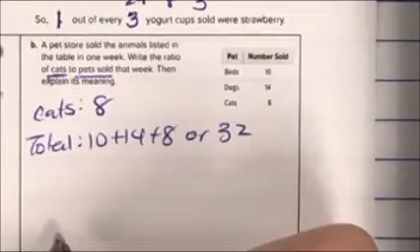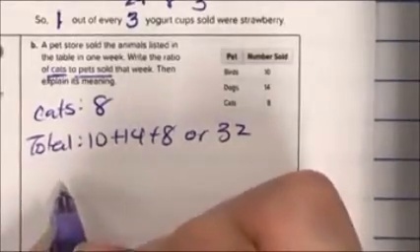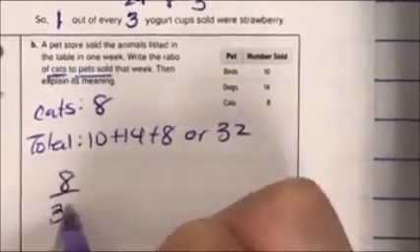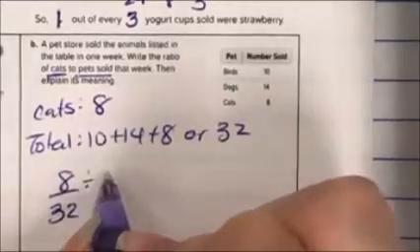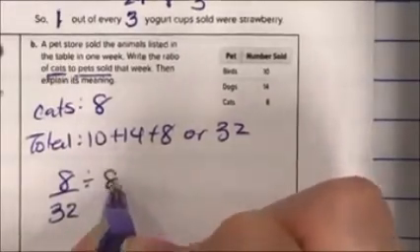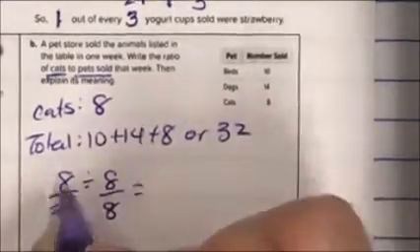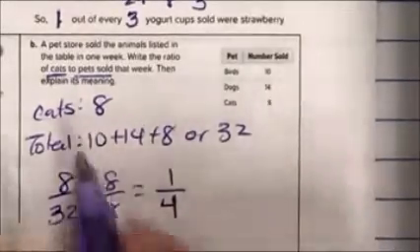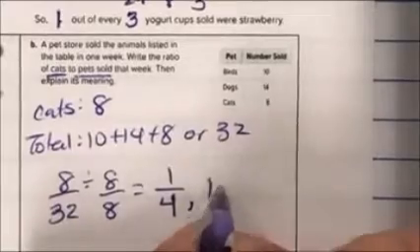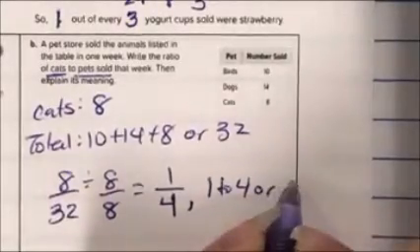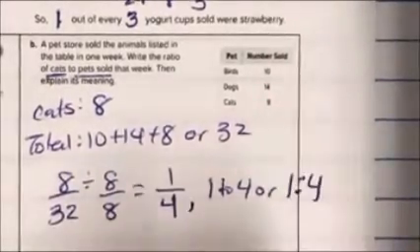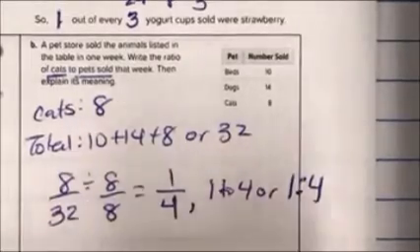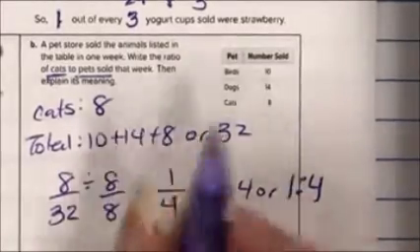Okay. Then I can write my ratio as 8 over 32. The GCF is 8, which gives me 1/4, or 1 to 4, or 1:4.